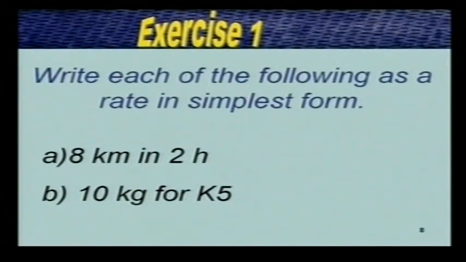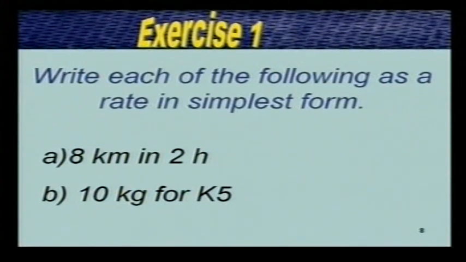Write each of the following rates in its simplest form. A, 8 kilometers in 2 hours. B, 10 kilogram for 5 kina. Okay, bring it down to its lowest rate, or its simplest rate. That should be very simple, class and receiving students.